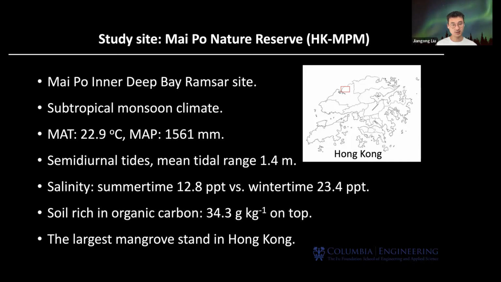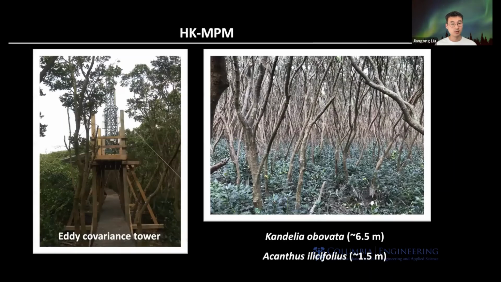The site has a subtropical monsoon climate, and its salinity can drop a lot during the summertime because it receives abundant freshwater discharge from mainland China, while during the wintertime the salinity is normally quite high. The picture on the left shows what the tower looks like. All the eddy covariance instruments are mounted at the top of the tower at a height of around 10 meters.